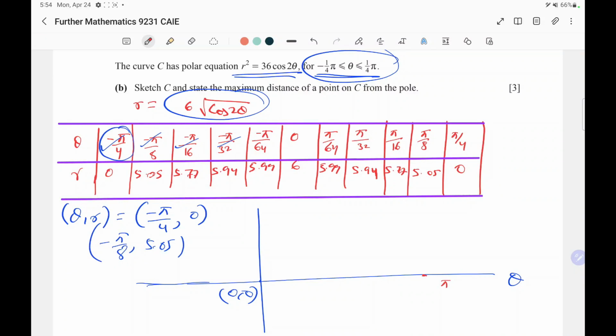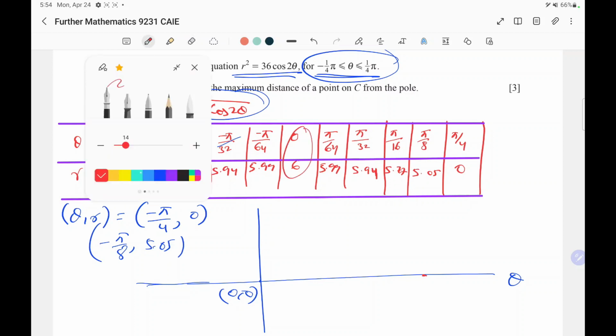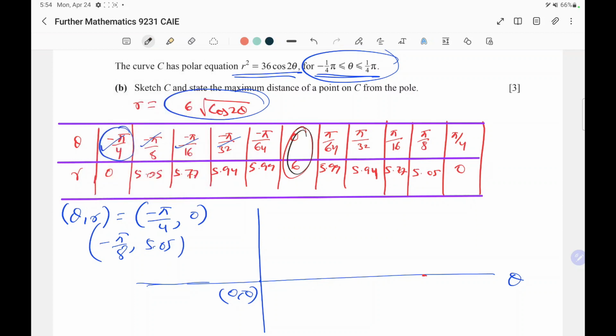When theta is 0, here I will consider. When theta is 0, then r is 6. So this is 0 comma 6, one point. Okay, first I will use these.